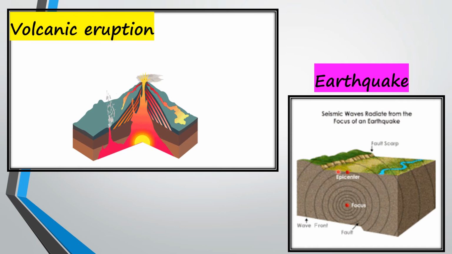Vibrations travel outwards from the epicenter as waves. So the strength of the earthquake decreases away from the center. If this is the point of the epicenter, then away from the center, the earthquake's intensity drops down.